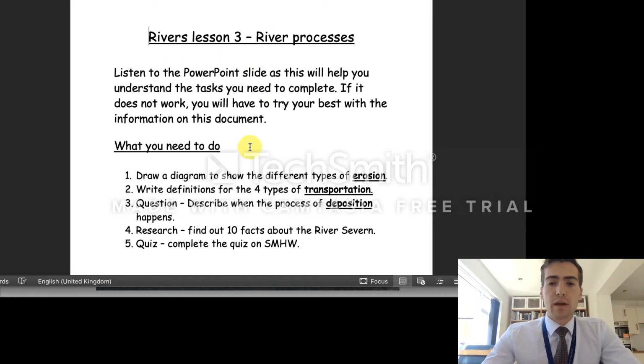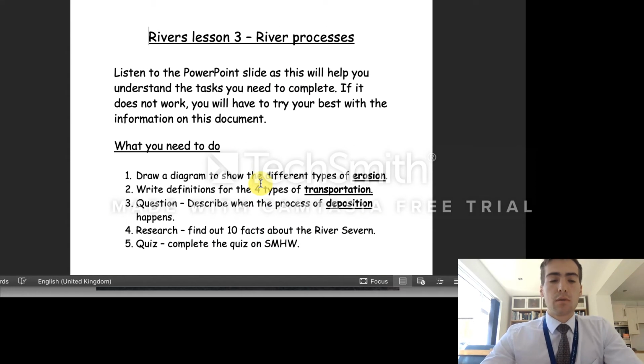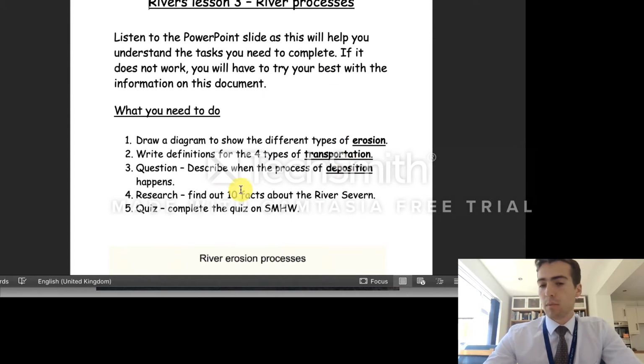What I'm currently on now is the document that is attached to show my homework with the instructions on what you need to do. Okay, so a couple of options for you. I'm going to go through a PowerPoint slide in a minute explaining all the different river processes in more detail. If you want to, whilst I'm going through explaining, you can complete the tasks.